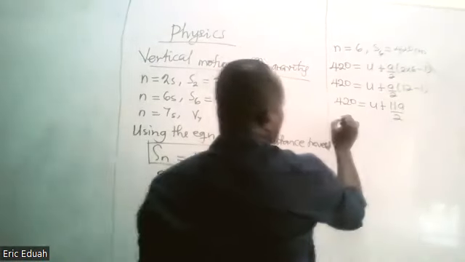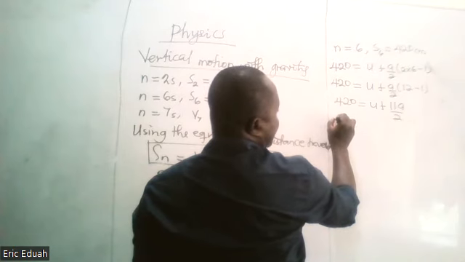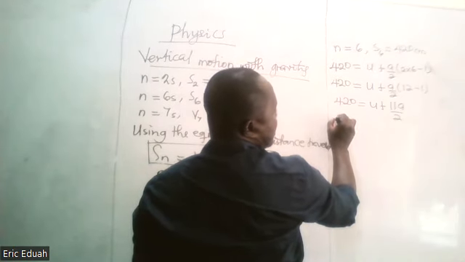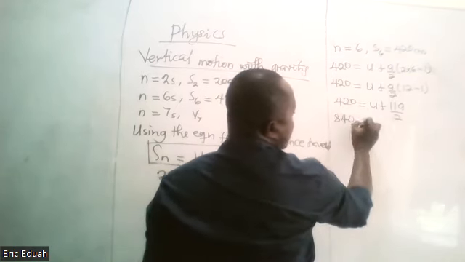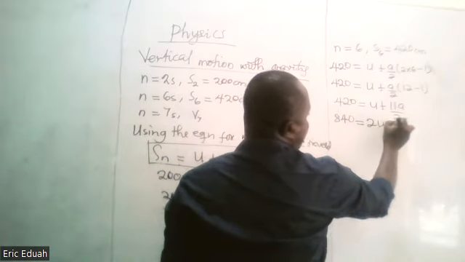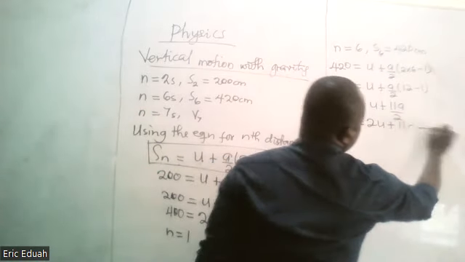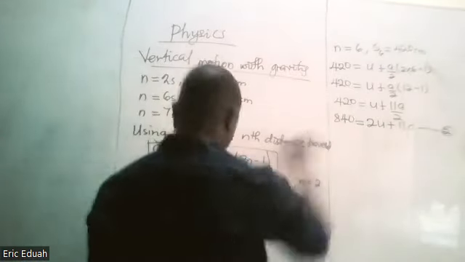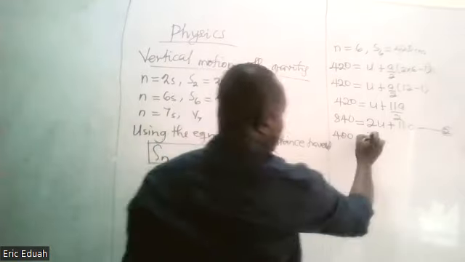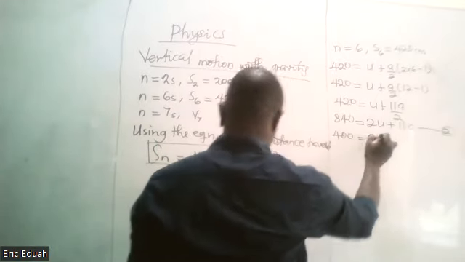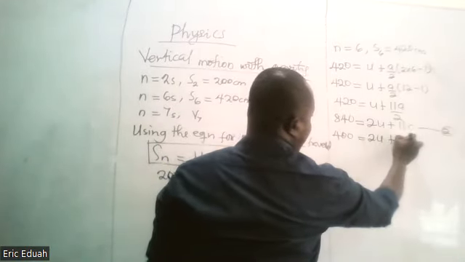So what we have here is 840 equals 2u plus 11a as equation 2. Now, equation 1 is 400 equals 2u plus 3a.